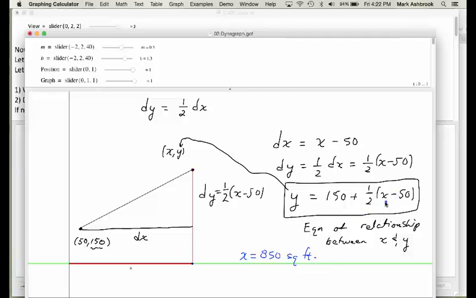By putting 850 in for x, the first thing the equation does is subtract 50. What does that represent? 850 minus 50. Well, that's final amount painted minus initial amount painted. So that's showing us that our dx is 800 square feet.